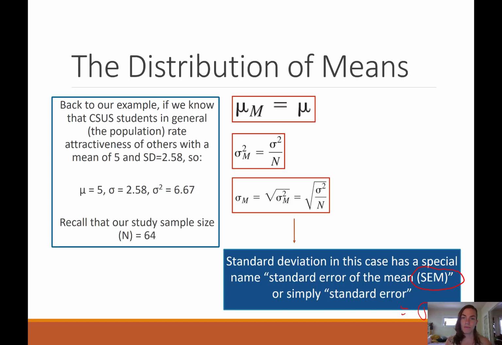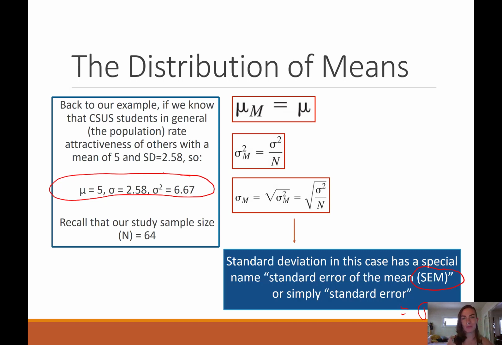I know the characteristics of the comparison population, but my comparison distribution needs to be a distribution of means. So how can I get the characteristics of the distribution of means from what I already know about the comparison population? I will use these rules that I have in the boxes here.